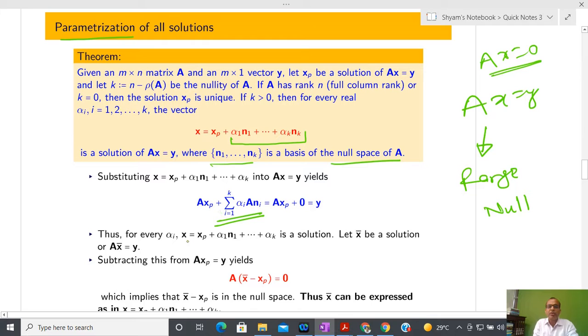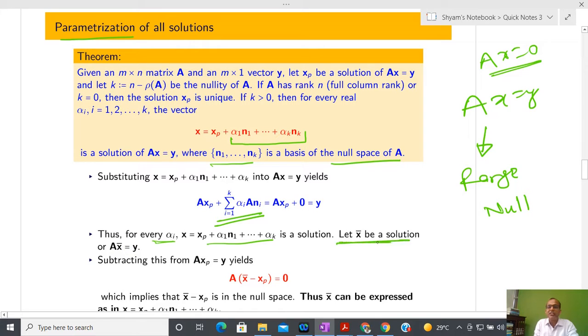Okay, so now what I am saying is that for every alpha I have a solution like this, and it is possible to show that if I substitute or subtract A xp equals y, then I can get it here.